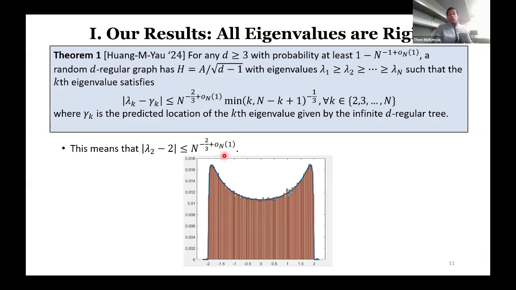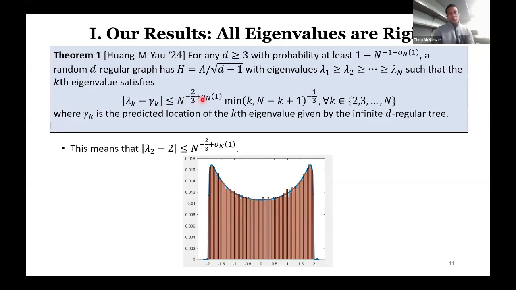But actually, we show something stronger: with high probability, if I look at all of my eigenvalues, lambda 1 through lambda n, once again throwing out lambda 1 because I always know what it is, then lambda k is very close to gamma k, which is where I would expect it to be based on the Kesten-McKay law. And how close is it?